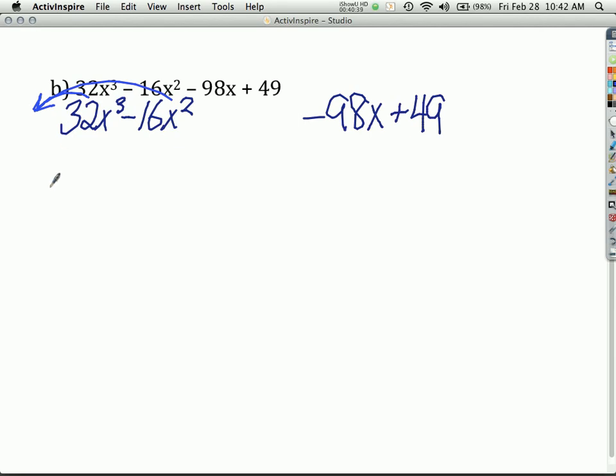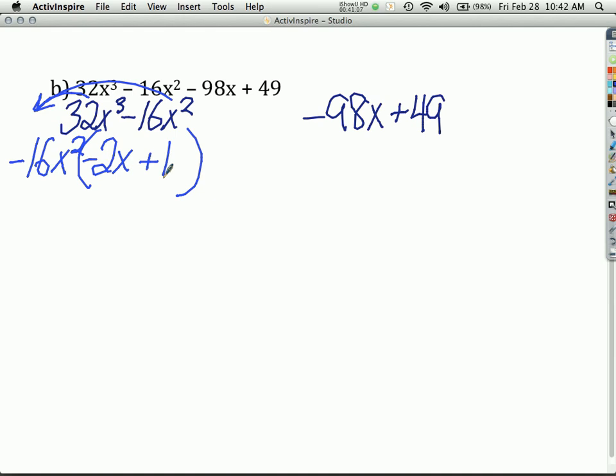Either way, it doesn't matter. Let's try the negative 16x squared. So now what is left? What is left? Dalton? Negative 2x plus 1.